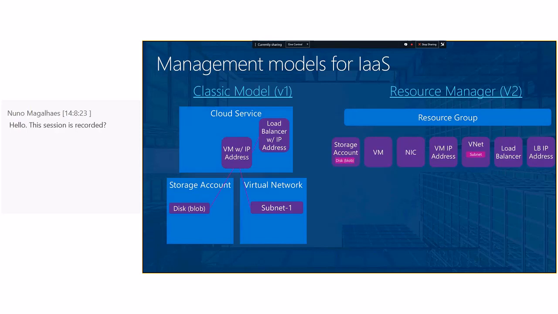The different resources you see, the purple boxes here, are all the required components in order for us to instantiate a virtual machine, similar to what we have on the left side using the cloud service model. What's also interesting here is that with Azure Resource Manager, you can send async calls and deploy things in parallel as well. So potentially you can deploy all the resources you have in parallel.